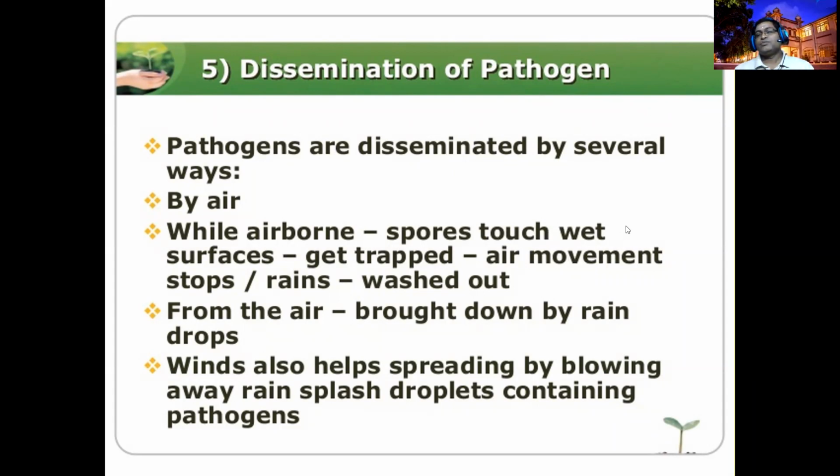Light moisture. If a thin film of water is present on any host surface and the spores land on that surface, then they can initiate the infection. If not, if it is a sudden rain, it can wash them out. So they will reach the soil, and then there is no problem for your crop.